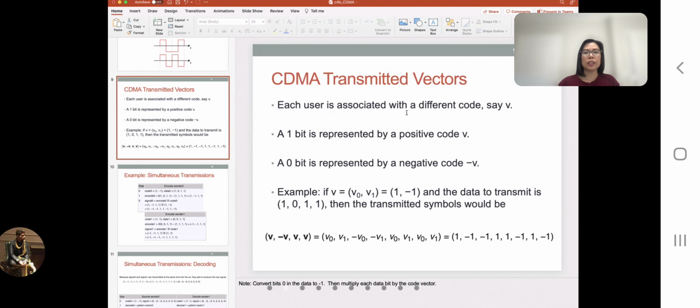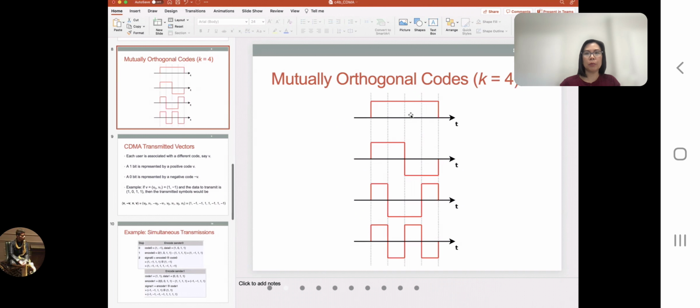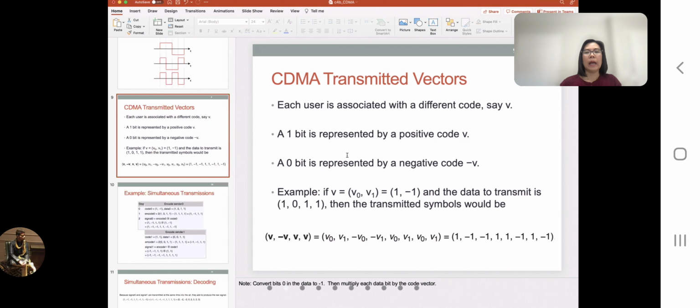Each user is associated with a different code, as we said before. So each user would be given a code V, and a 1 bit is represented by a positive code V, and a 0 bit is represented by a negative code, -V.